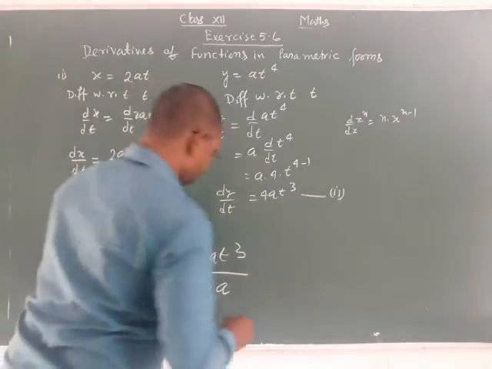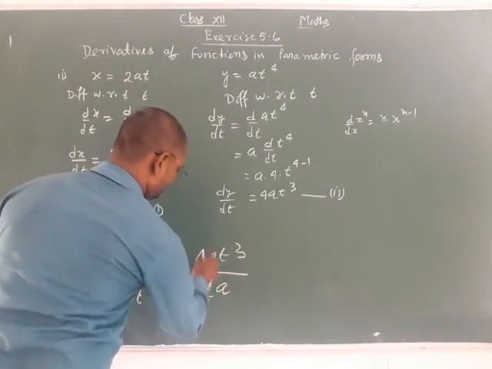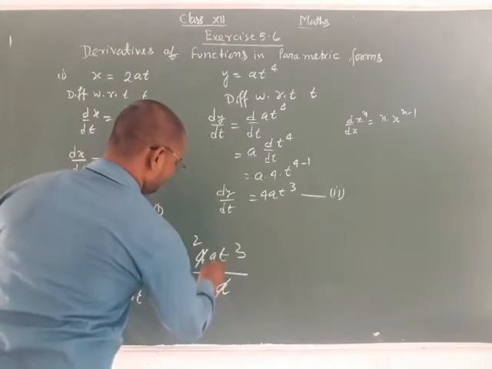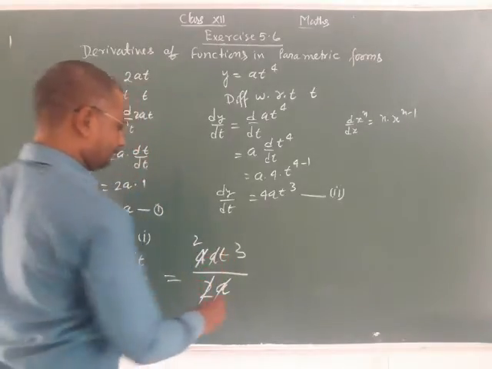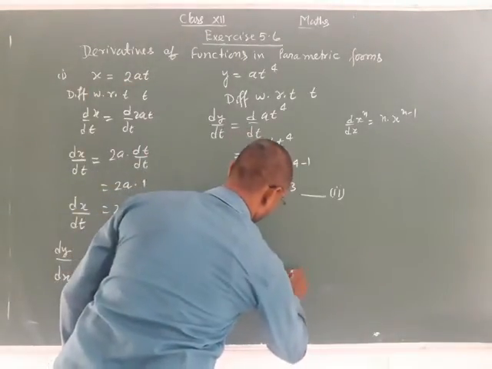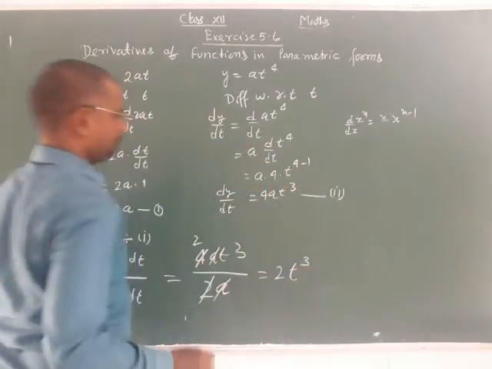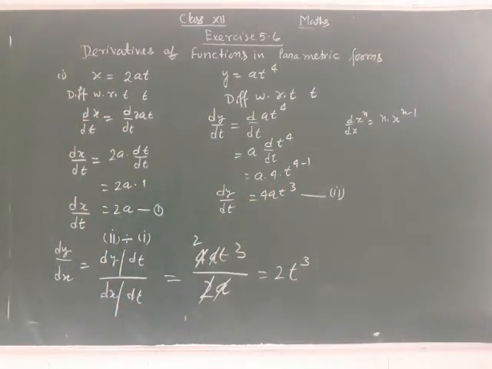So 2 and a cancel out, and it is equal to 2t to the power 3. This is the answer.